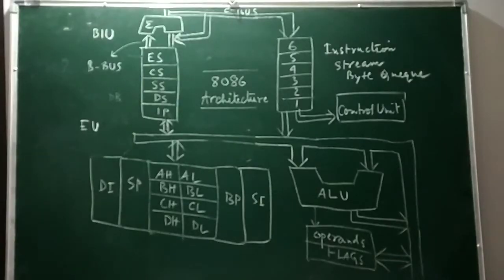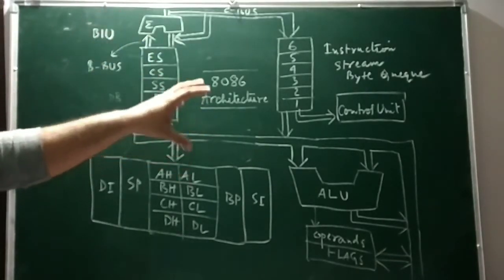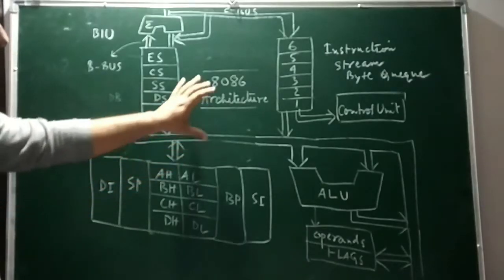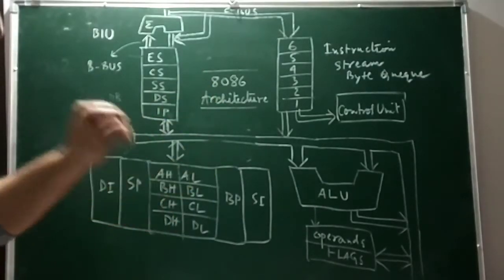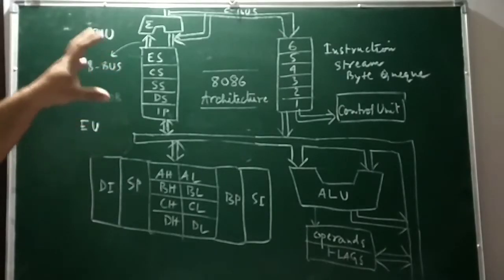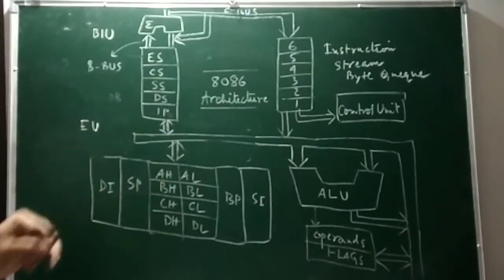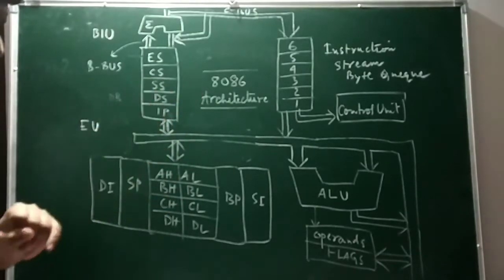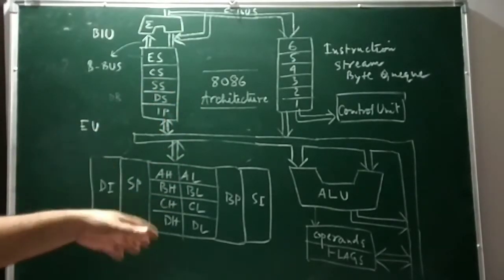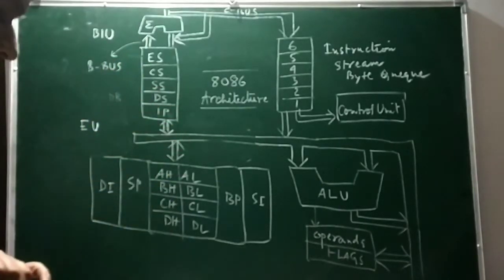Fine. So we have to know the basic register organization in case of 8086 architecture also. So 8086 has a very powerful set of registers known as general purpose registers and special purpose registers. General purpose registers and special purpose registers are also there in 8085.